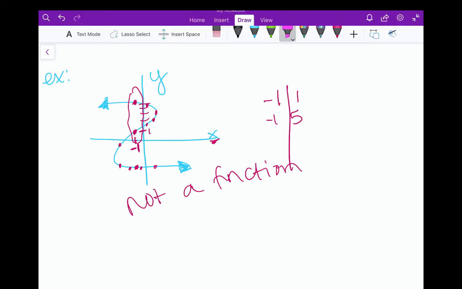With the vertical line test, basically, if you draw a vertical line through the relation, and that vertical line touches the relation more than once, then it is not a function. I could also draw a vertical line here, and again, it touches 3 times. So that is not a function, and we can use the vertical line test for that.